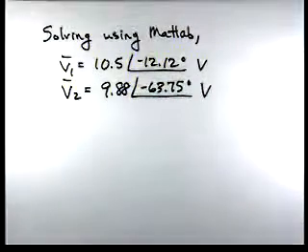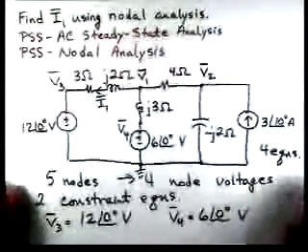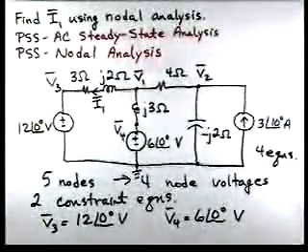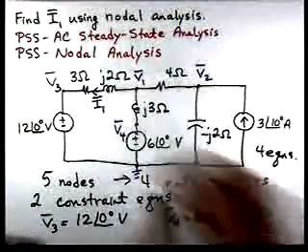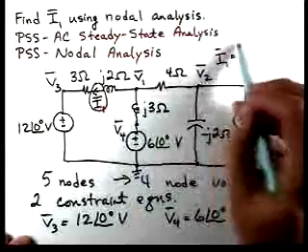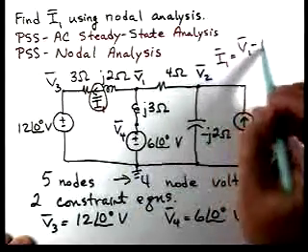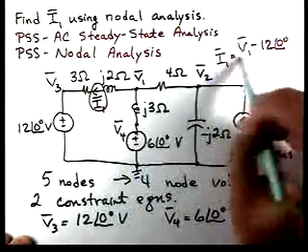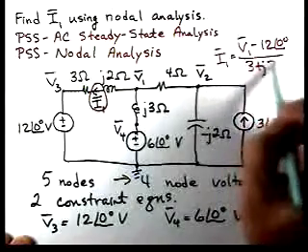Now if we look at our circuit, we can note, for instance, if we look at I1 here, that I1 is going to be V1 minus 12 at an angle of 0 divided by 3 plus J2.